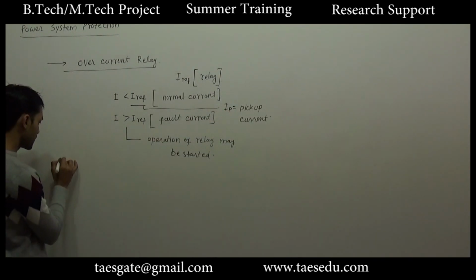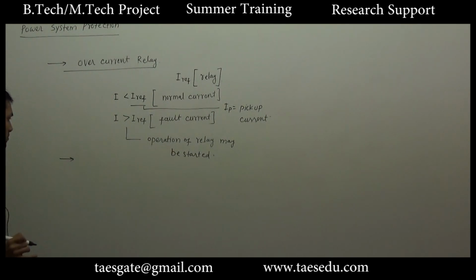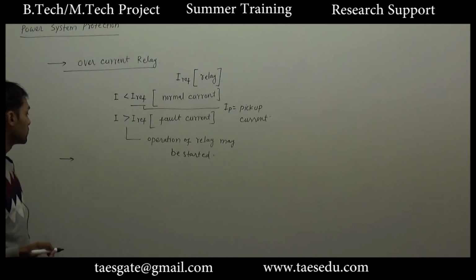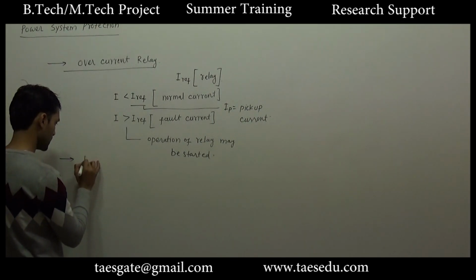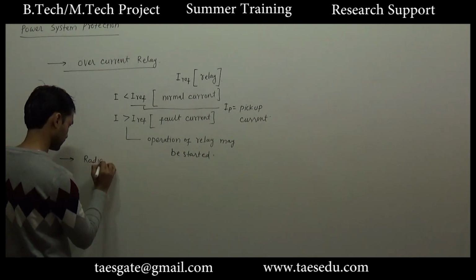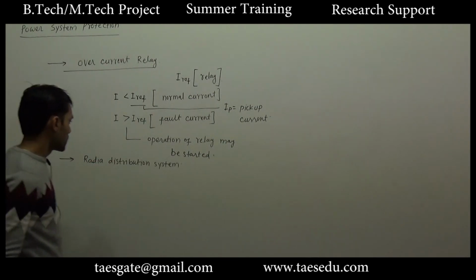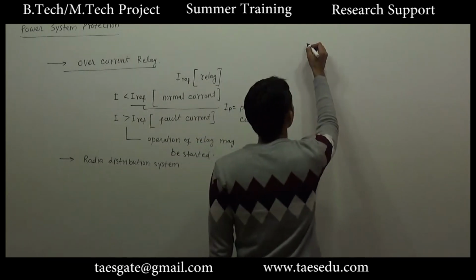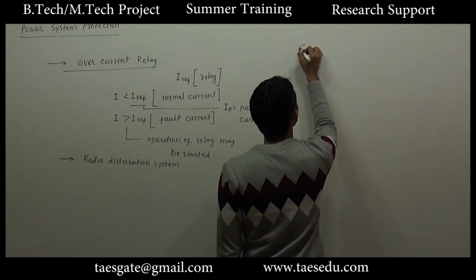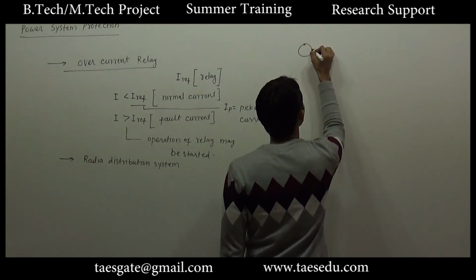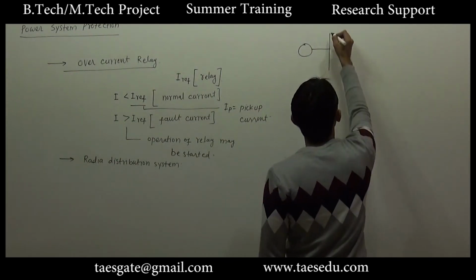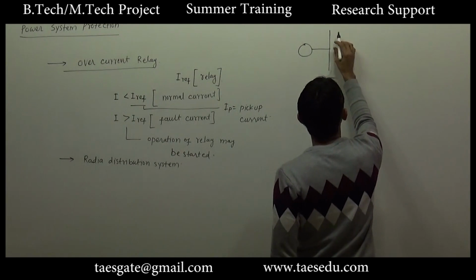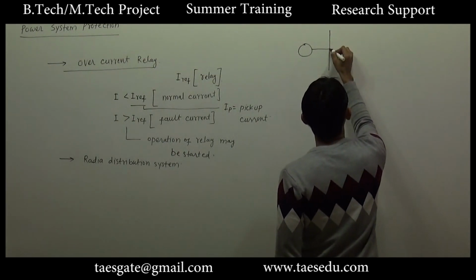The reference current is also termed the pickup current. And the overcurrent relay finds its use mostly in radial distribution systems. In a radial distribution system, there are many feeders which come radially outward from the source. I am drawing only one feeder here.